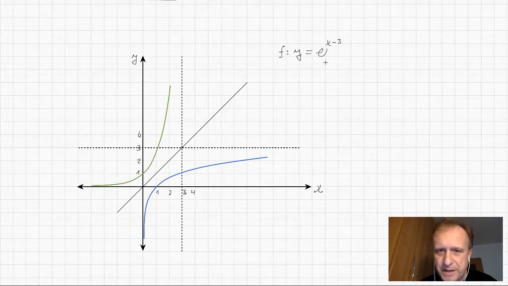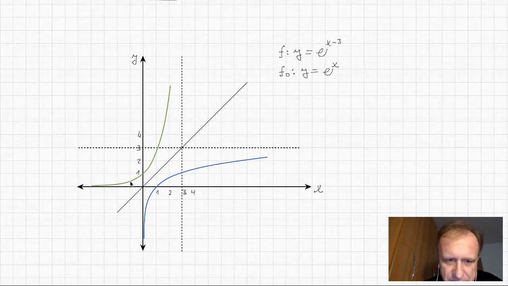There is a relationship between this function and the function f sub 0, y equals e to the power of x. This function e to the power of x can be found here on the graph. I have prepared it in advance. This is the green function, e to the power of x.